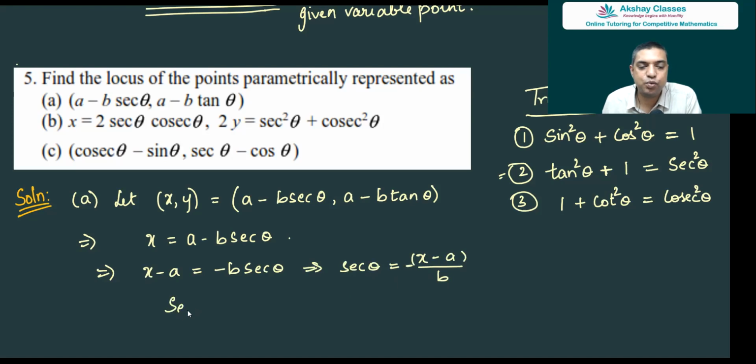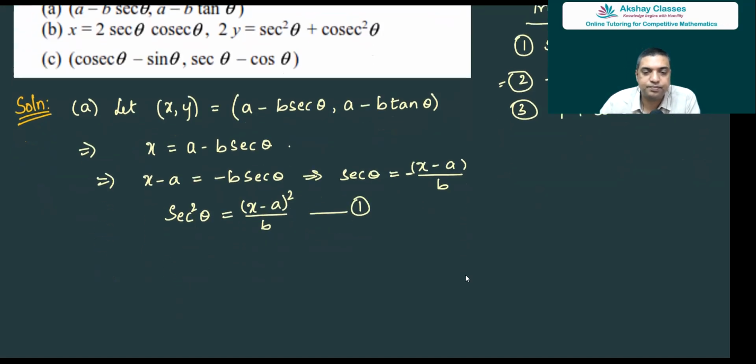So secant square theta is (x minus a) the whole square by b square. This is 1.